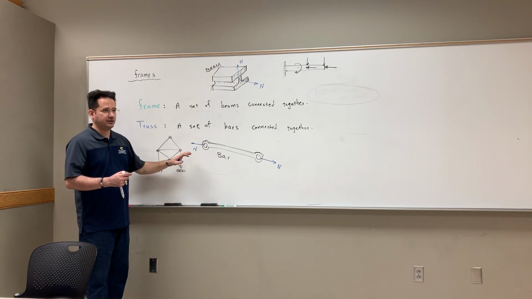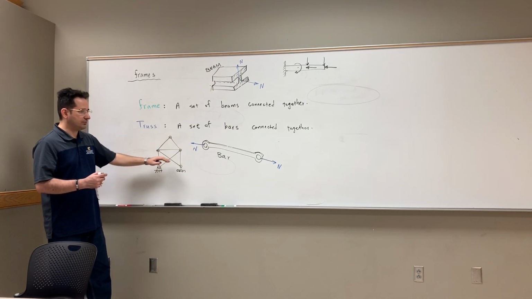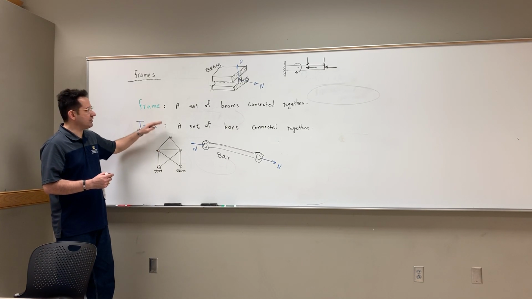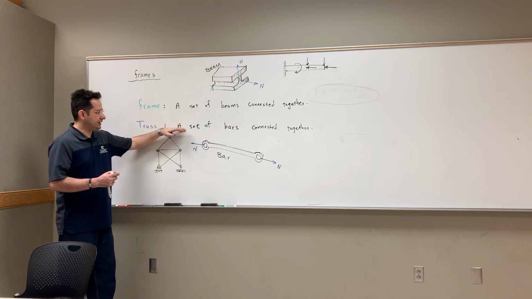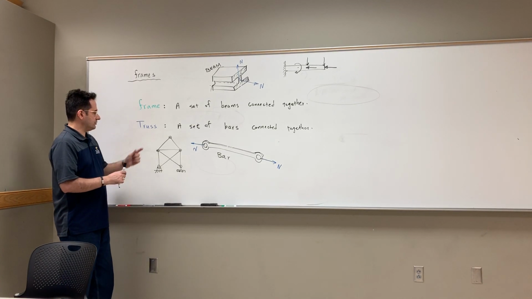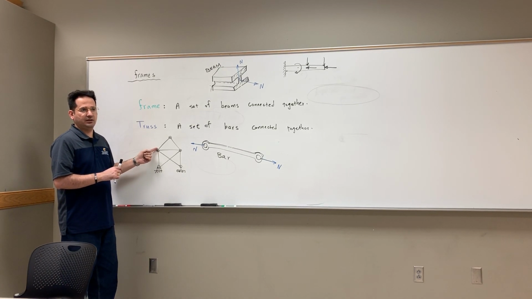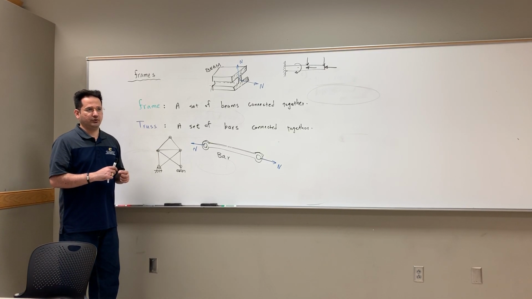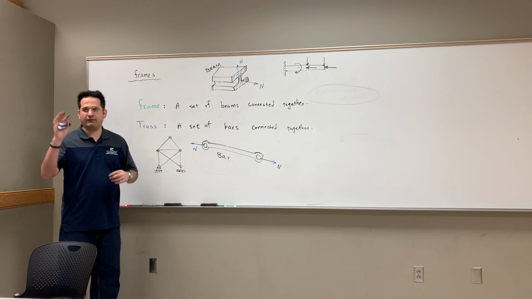So what I'm saying is the analysis for truss is usually simpler than frame. We're going to end up with very specific algorithms to solve truss, which are easy. It's called the method of sections, and the other one is called the method of joints. And this is a subcategory of the 5 steps.